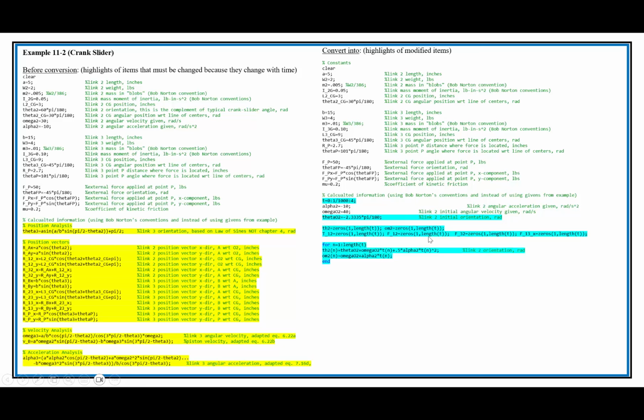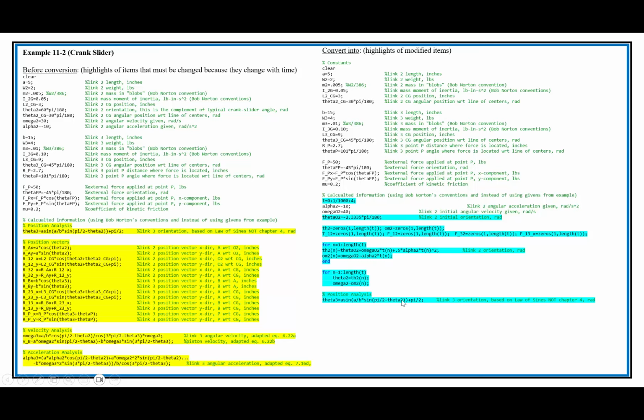So this is the full rotation. Get some zeros into the things that need zeros, and then I make a string of different theta 2s. So these would be input theta 2s corresponding with the time. And then I start with getting my theta 3s.